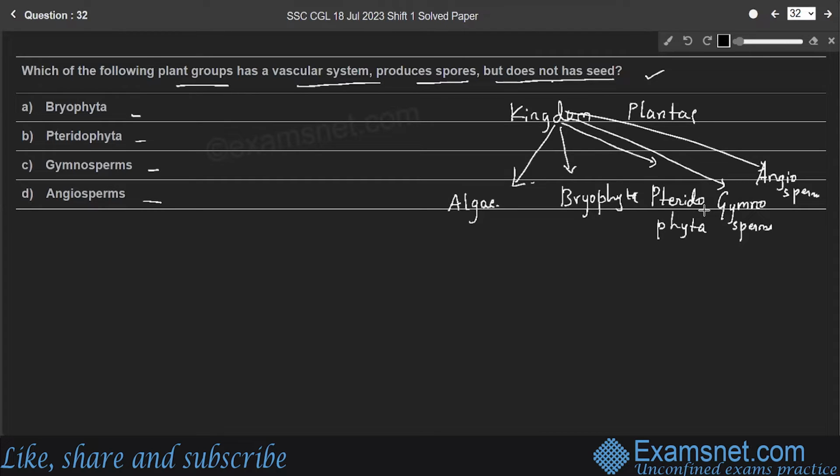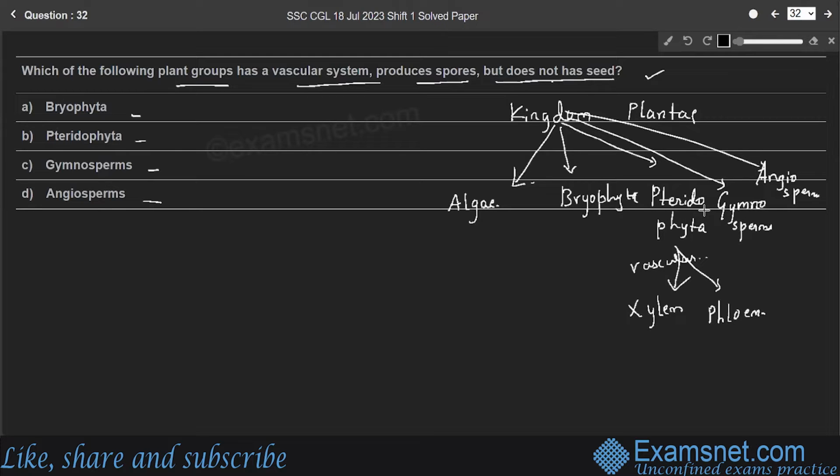Here, Pteridophyta plants possess vascular tissues, xylem and phloem. These plants are present in cool, damp, and shady places.